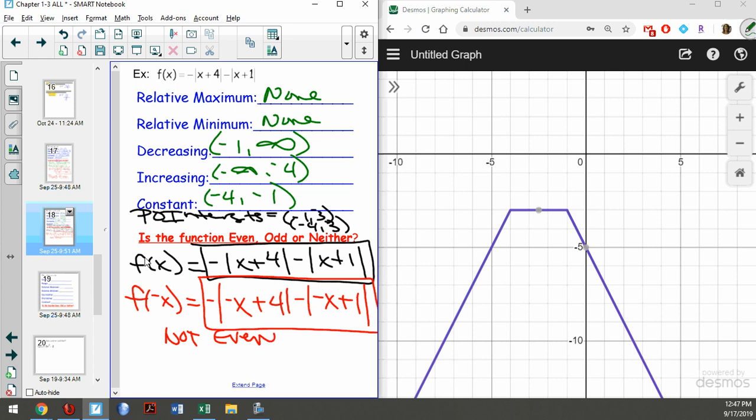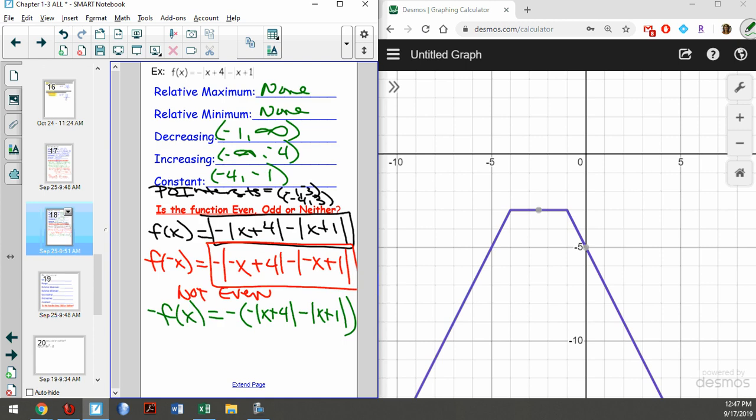Okay, so now I have to do negative in front of the function. So negative parenthesis, absolute value of x plus 4 minus absolute value of x plus 1. So when I distribute that negative, it turns out to be a negative absolute value of x plus 4 plus a positive absolute value of x plus 1. Do my green and red box equal each other? No. And why am I comparing green and red?